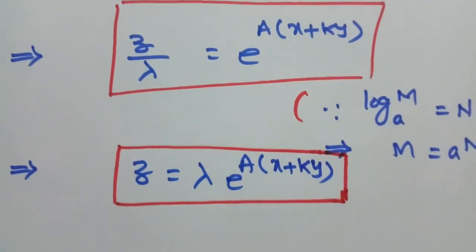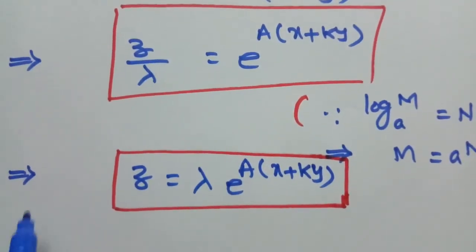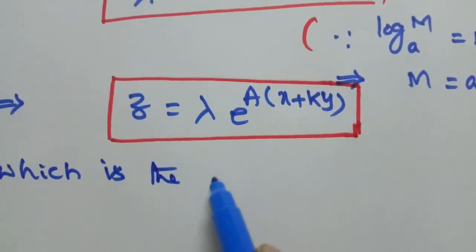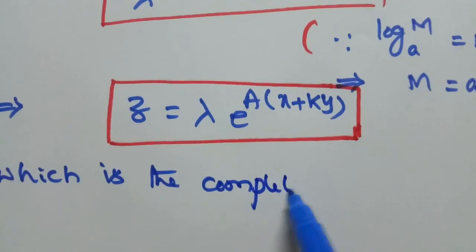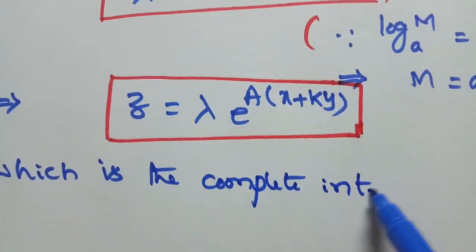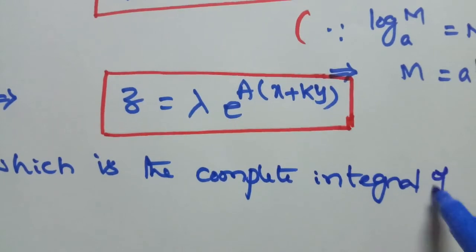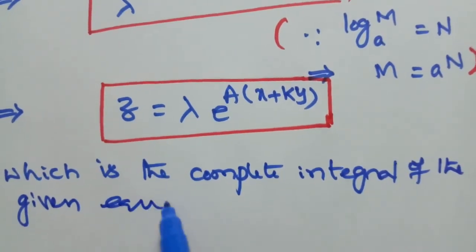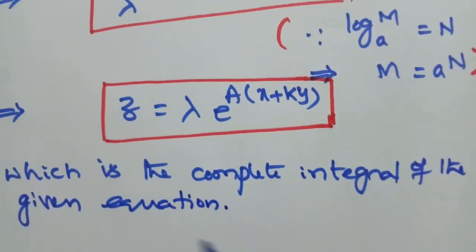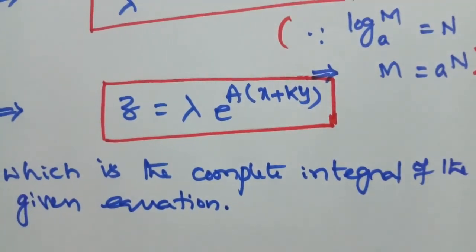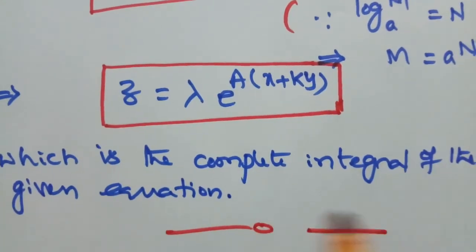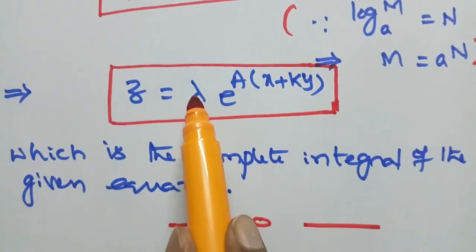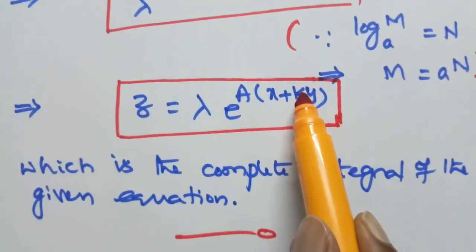Which is the complete integral of the given equation, as it contains two independent variables x and y and two arbitrary constants lambda and k.